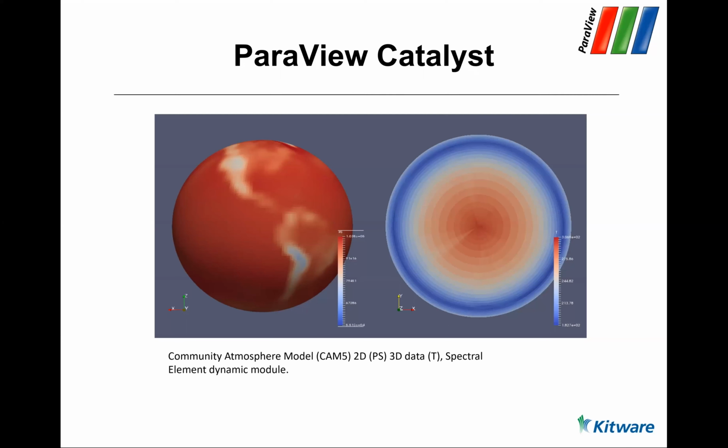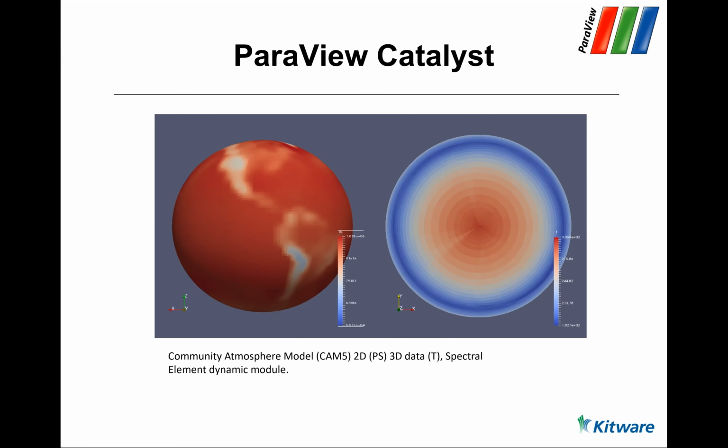ParaView Catalyst, I think this was mentioned in the introductory talk, is a library that gets linked with a simulation to facilitate in situ processing. So the idea here is that saving data on disk is very time consuming. So instead of saving the data and then doing the analysis and visualization after the fact, this is called post-processing, you do the analysis and visualization while the simulation is running.